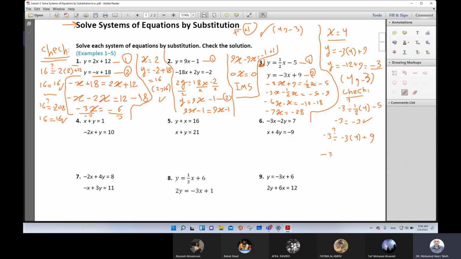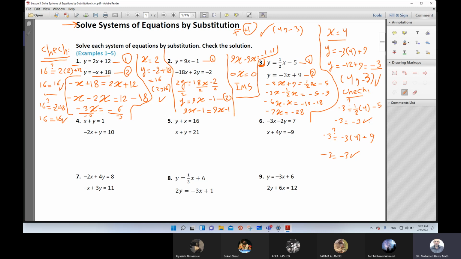Is negative 3 equal, as you see here, negative 3 times 4 will be negative 12. Negative 12 plus 9 will be negative 3. Yes, negative 3 equal negative 3. We have a true equation, means this is a true solution.